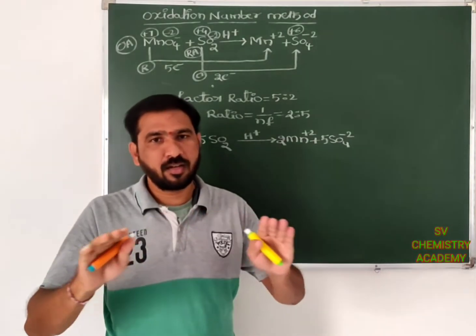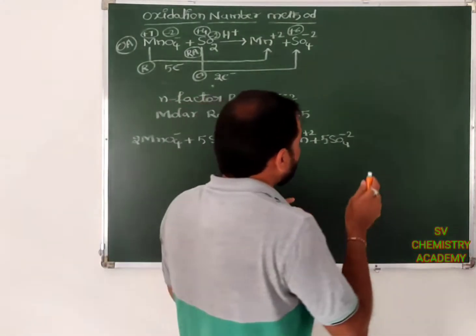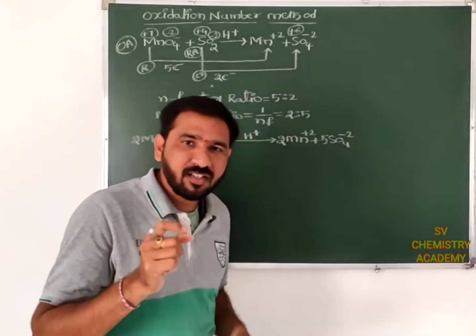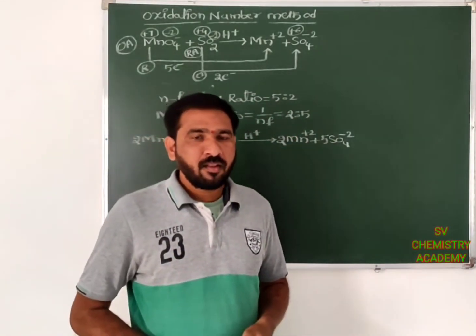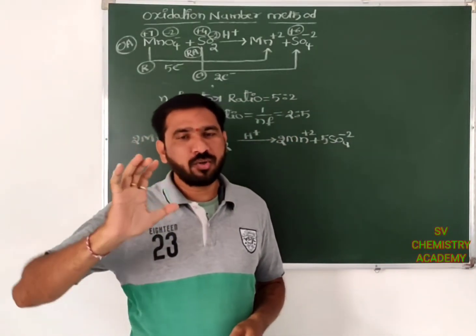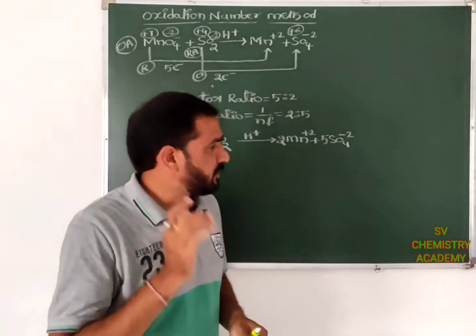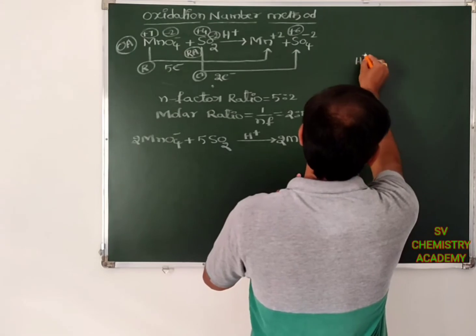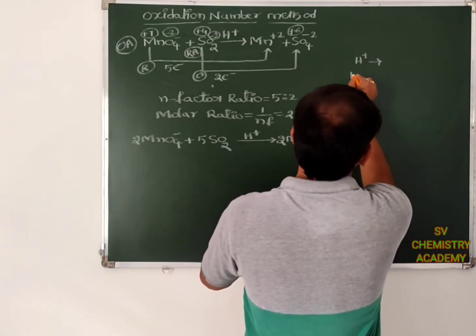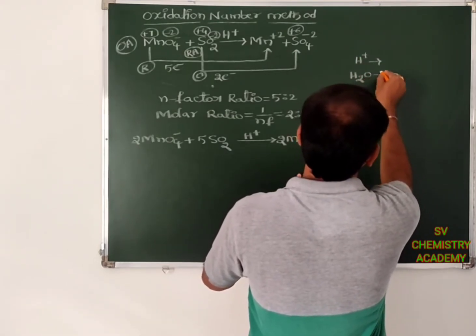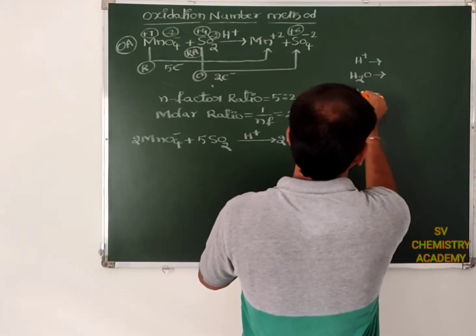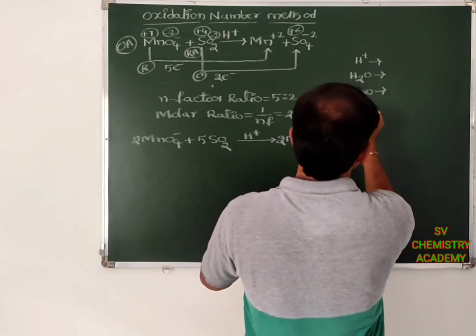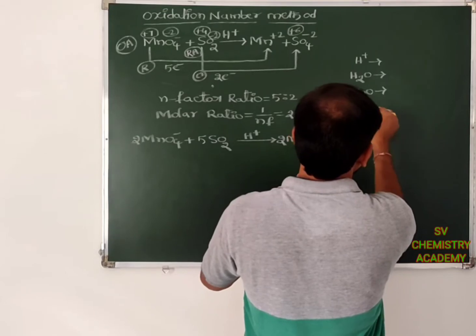Then coming to the next step, balancing of oxygen and hydrogen. For this, I would like to give one code for remembering. Let me discuss that. Here we have H plus, H2O, and OH minus.